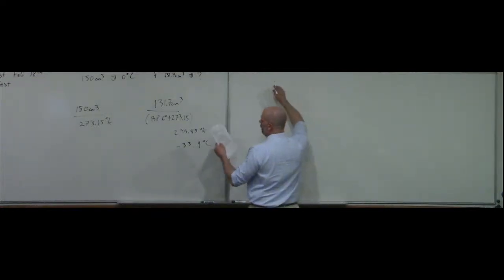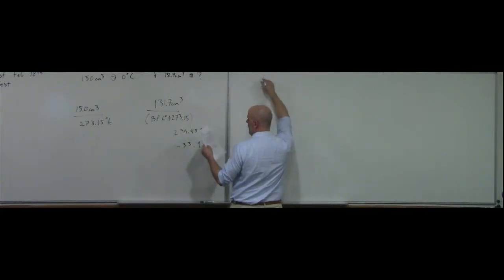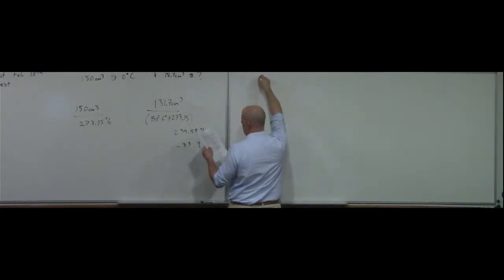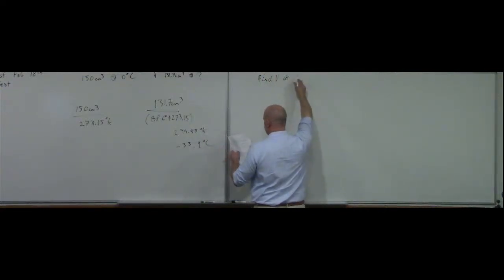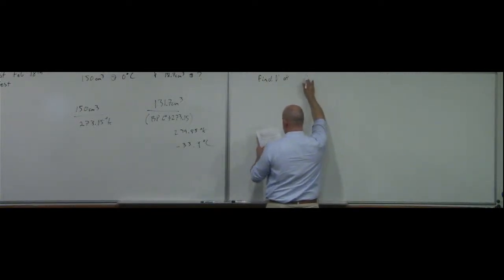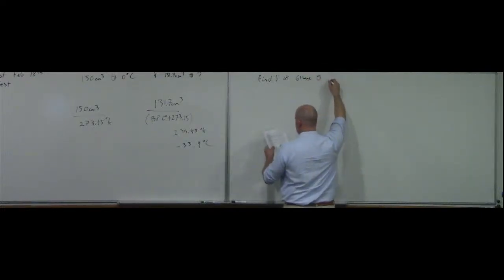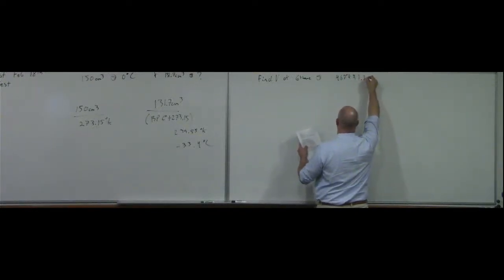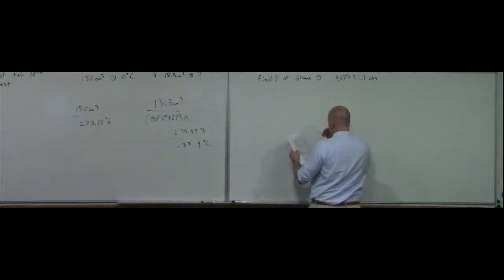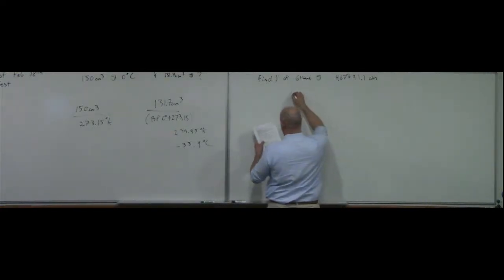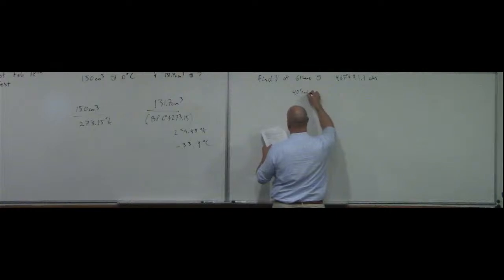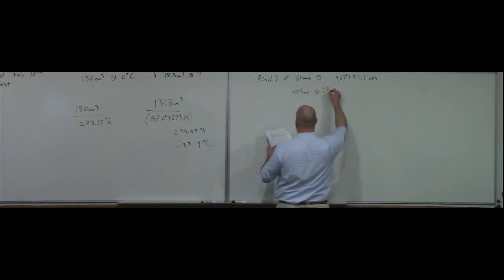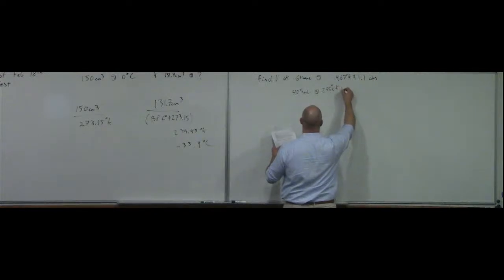Let's do one more here. Find the volume of a sample of ethane at 467 degrees Kelvin and 1.1 atmosphere if it occupies 405 milliliters at 298 degrees Kelvin and 1.1 atmosphere.